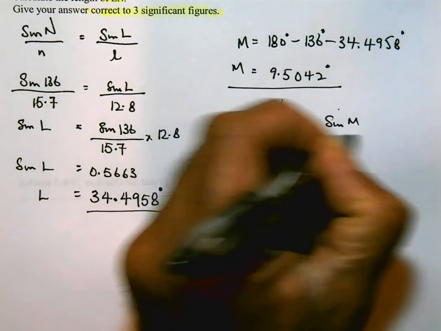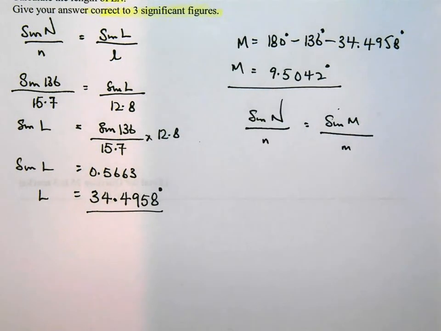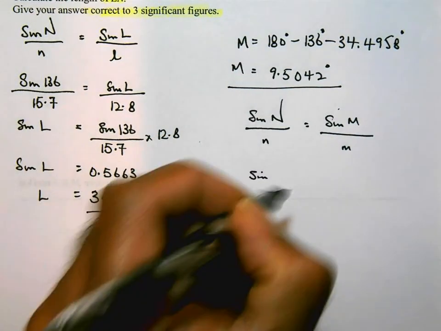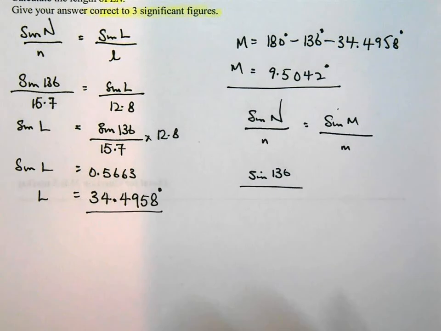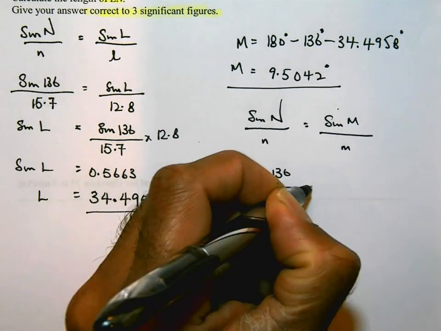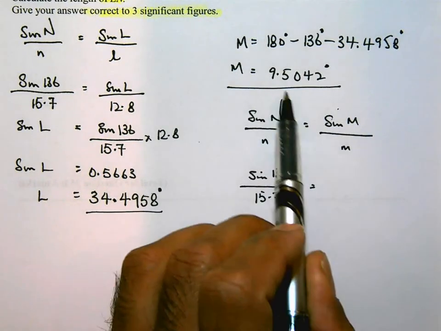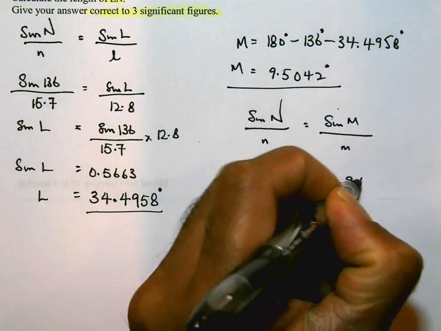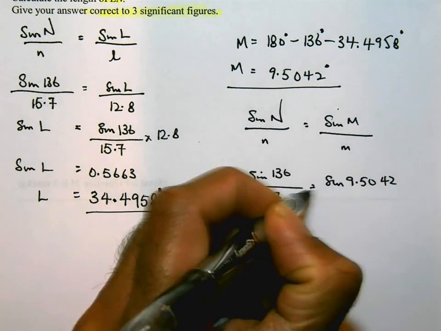And remember, what I ultimately wanted to find was small m. Sticking numbers in, sine of 136 over 15.7 is equal to sine m. I just worked out what m is, 9.5042 all over small m.